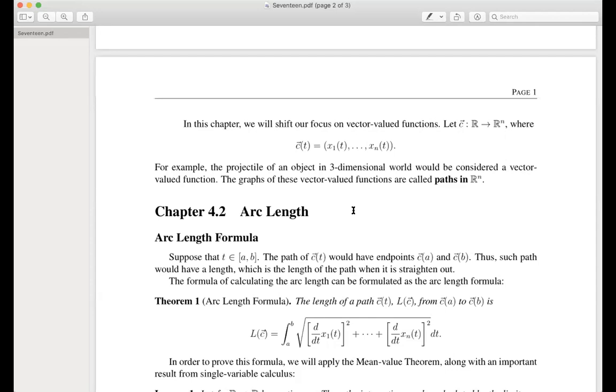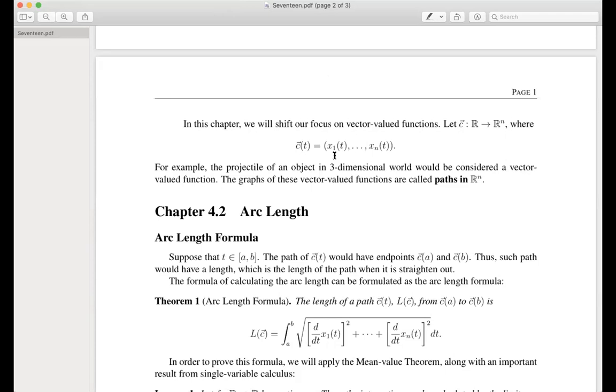It would be a curve that looks like an R1. Think of it as if you have a path in Rn, like this case.